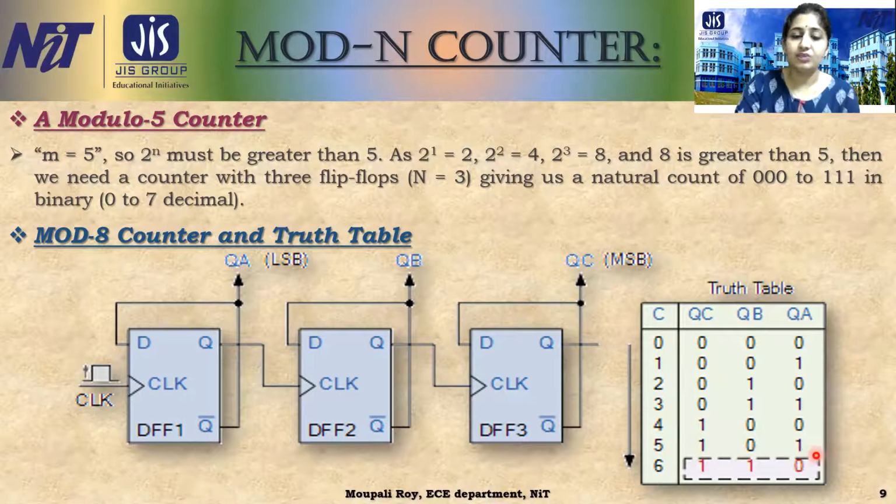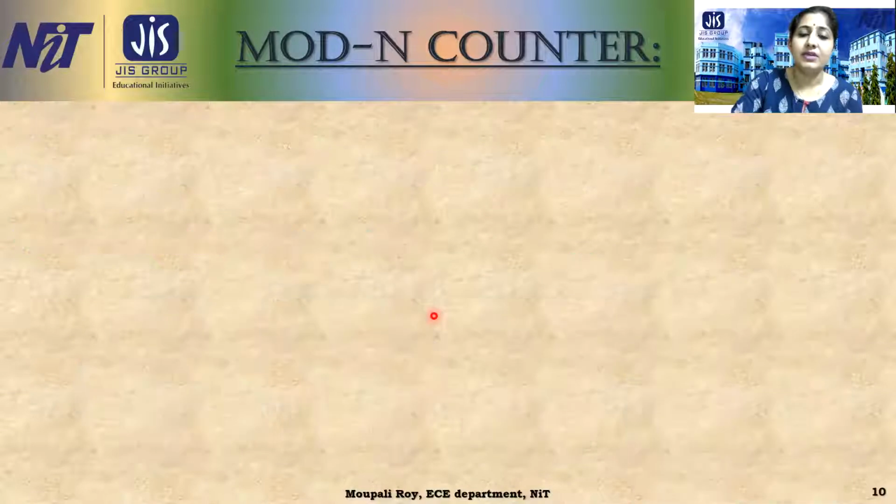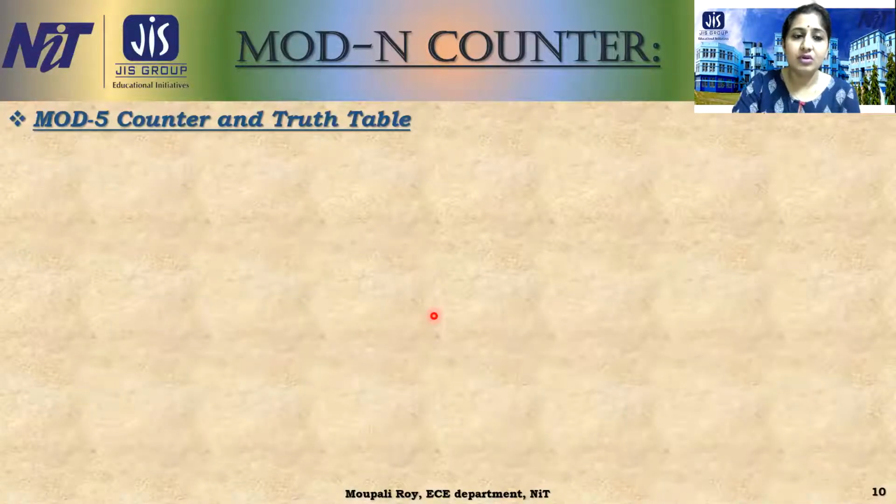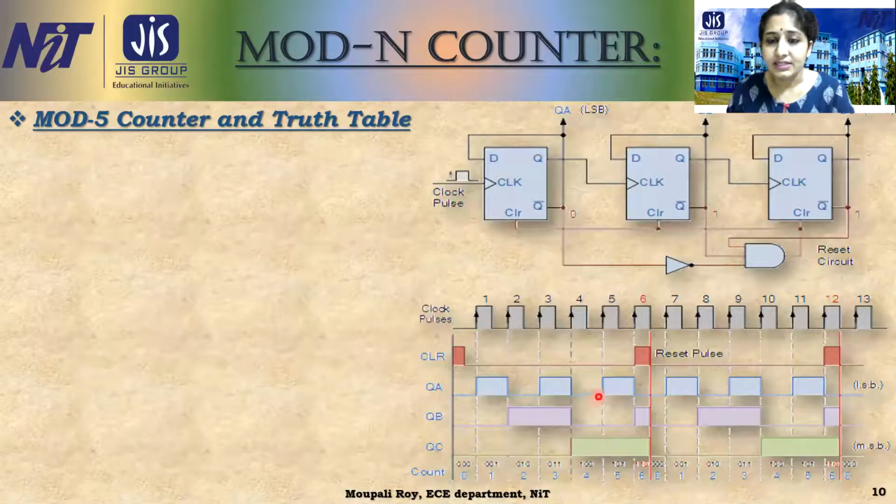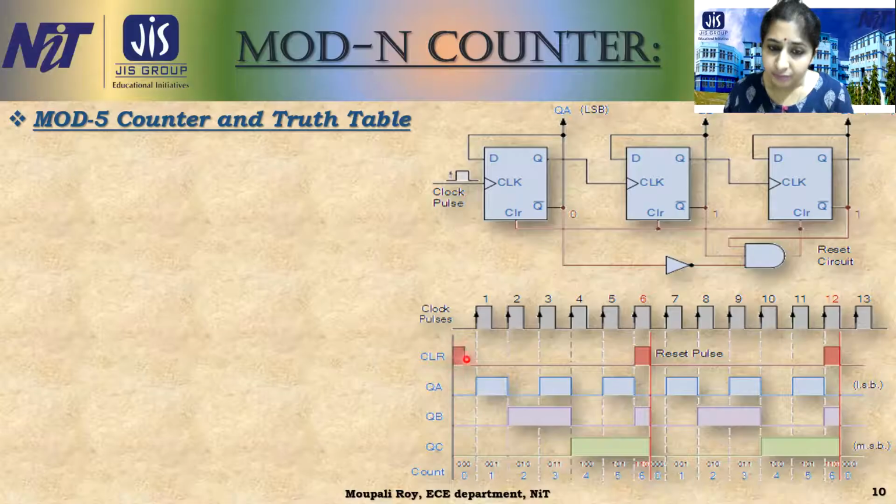So for this, what do we have to do? We have to use this mod 8 counter. Then what are the changes in this circuit? See, this is the circuit, and how are we getting this? Initially, we are getting 0 0 0, 0 0 1, 0 1 0, 0 1 1, 1 0 0, 1 0 1.